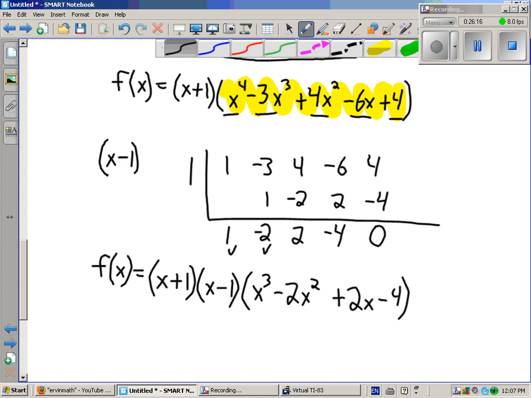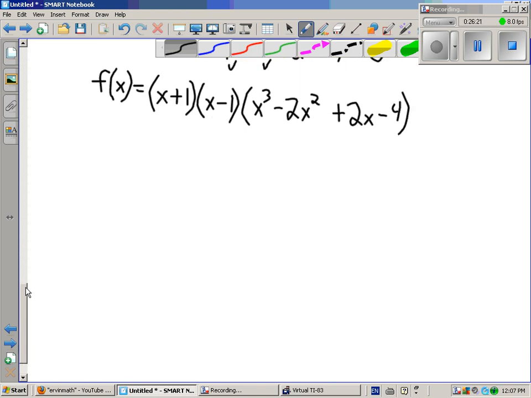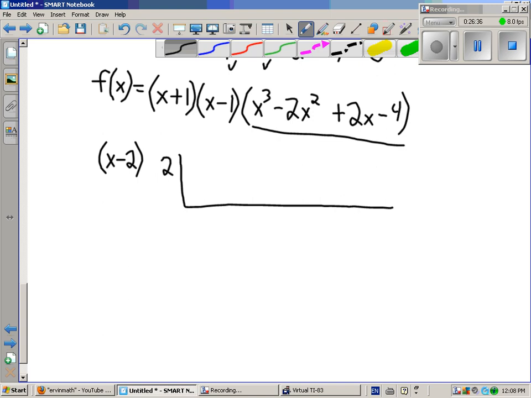All right, so we've taken a fifth order down to a third order multiplied times some linear factors. Last but not least, we're going to do x minus 2. X minus 2, use synthetic division again. 2. We're going to put our coefficients of what's left right here. 1, -2, 2, -4.